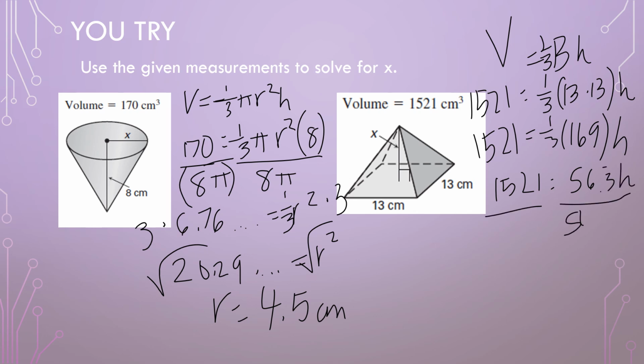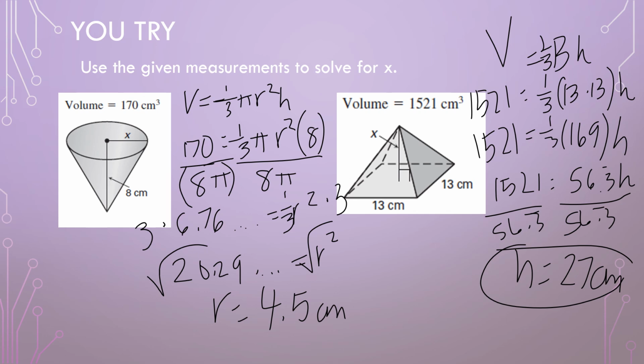Divide both sides by that 56.3 repeating. And again, use that answer button when you need to get a more exact answer. So I got 27 centimeters for the height. If you rounded multiple times, you're obviously going to get a different answer than that because you weren't using exact numbers.